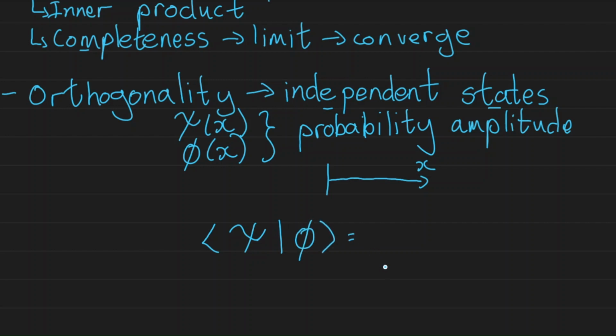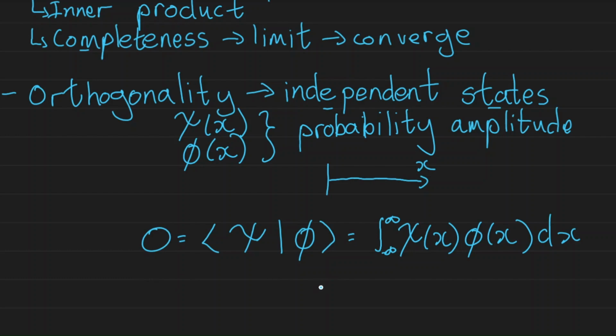This would equal psi of x times phi of x, and then we'll be integrating this from minus infinity to positive infinity in the direction of x. If this is equal to 0, it means that these two functions are orthogonal. What this means is that each of these wave functions represents specific distinct positions, and therefore their dot product equals 0. In other words, they wouldn't overlap.